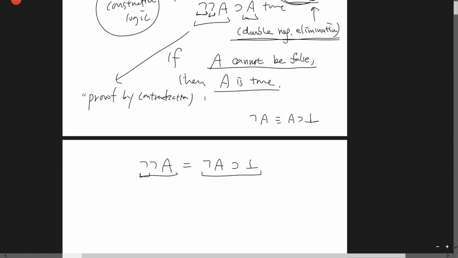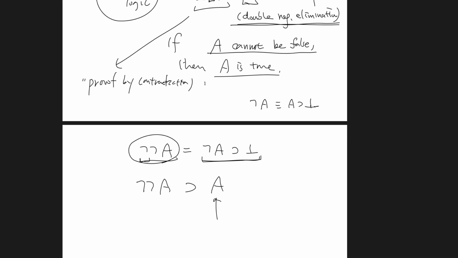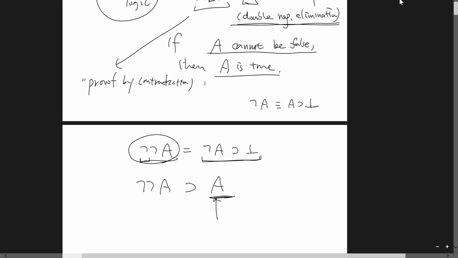Now, this one says double negation implies bottom, and it means that in order to prove A is true, it suffices to prove double negation A is true.